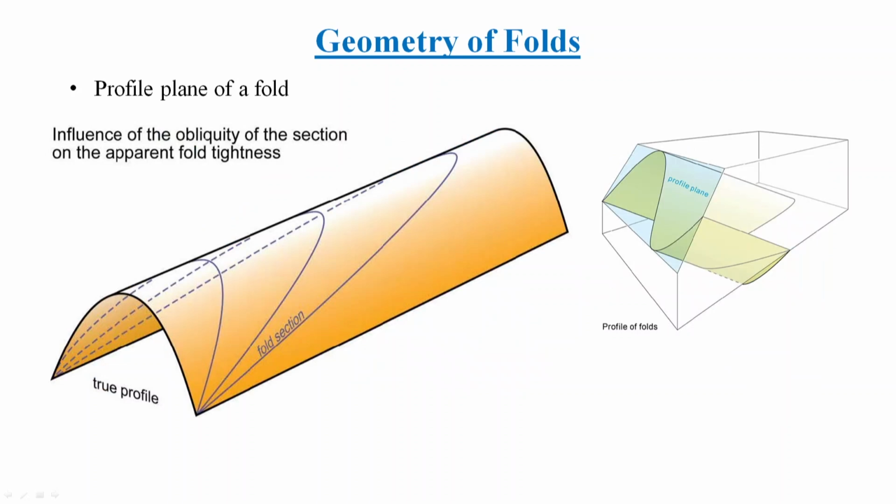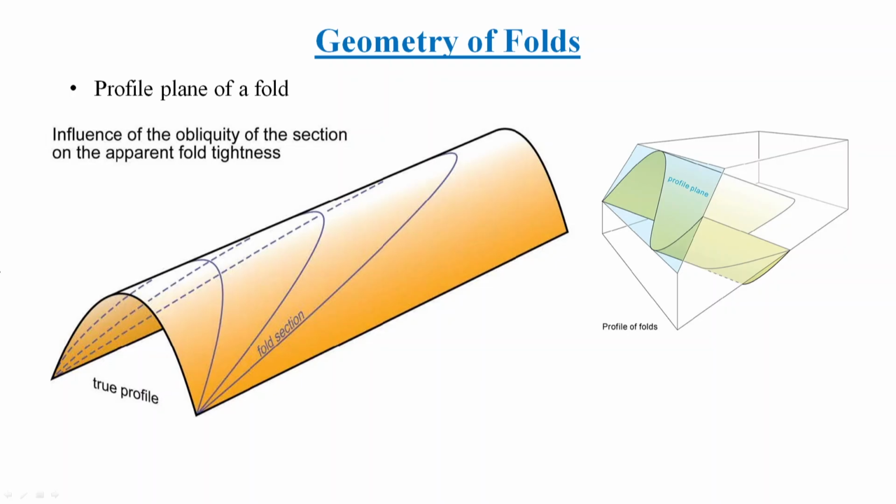Next is the profile plane, which is also very important because it is a plane perpendicular to the fold axis. The profile plane gives you the true profile or true geometry of a fold. If I cut a fold at an angle, you will not be able to appreciate its true nature.